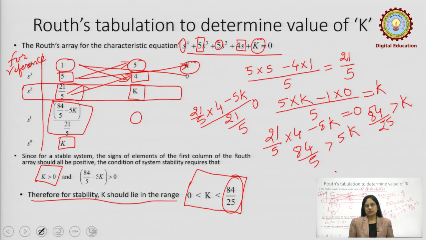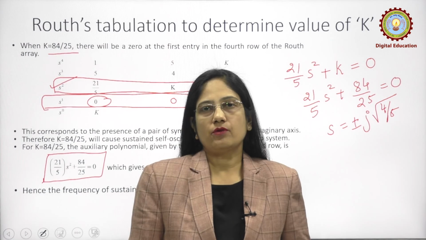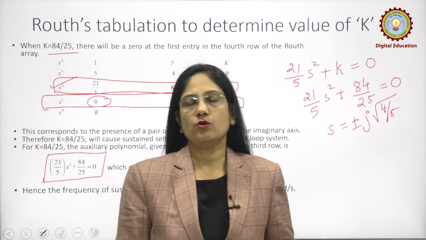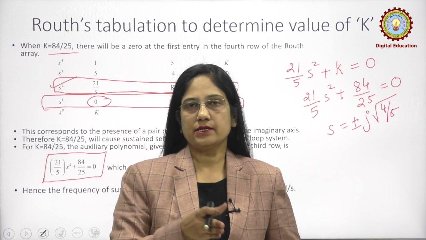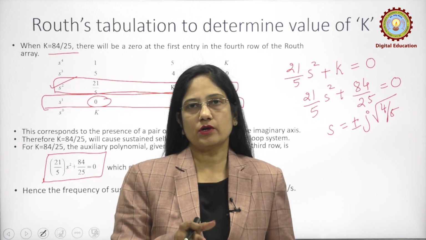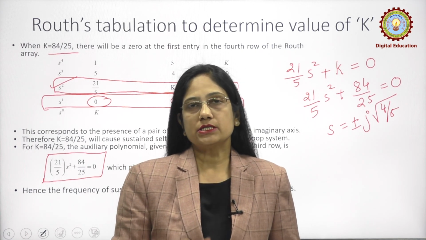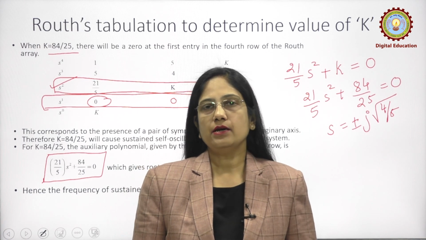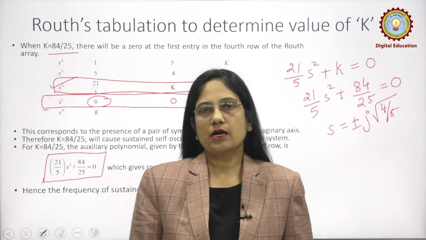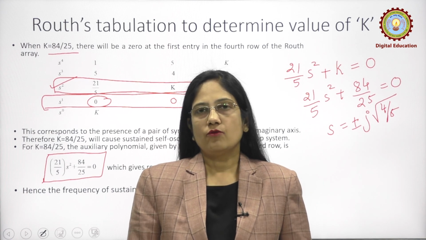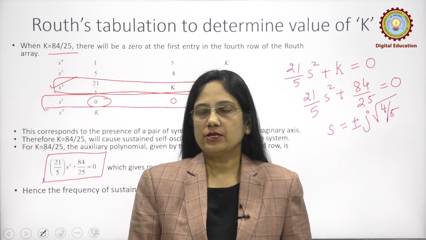Now, this is for stability, but if the value of k is not less than 84 by 25, but its value is exactly 84 by 25, it means that here the roots are lying on the j omega axis for k equal to 84 by 25.